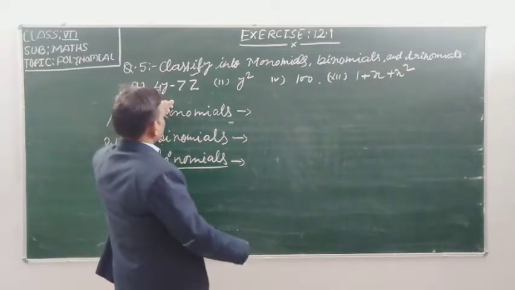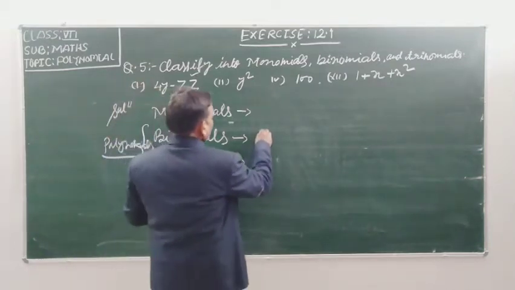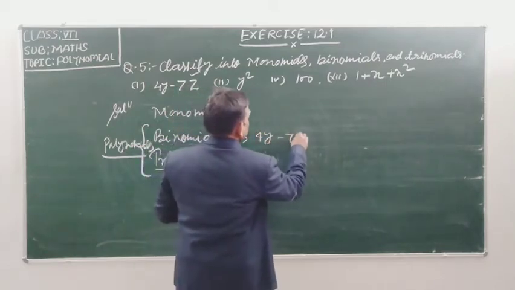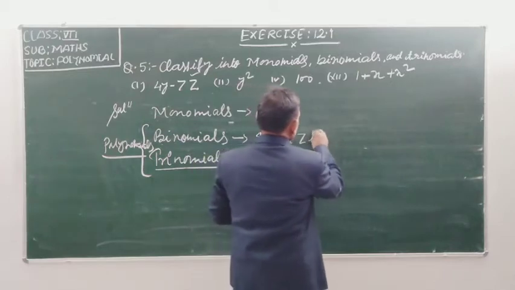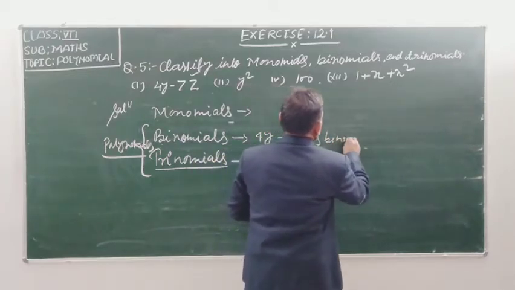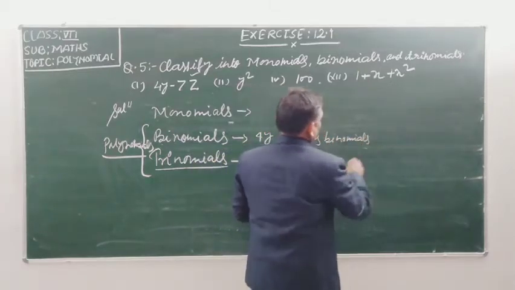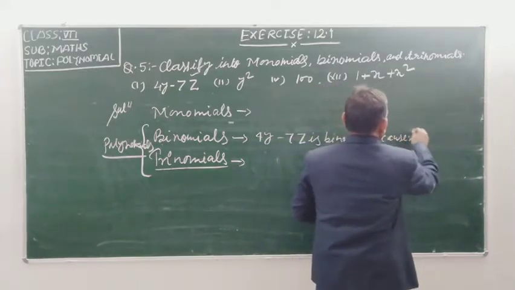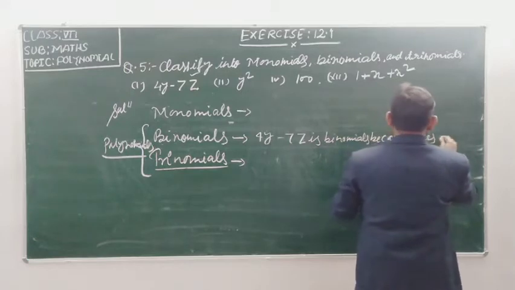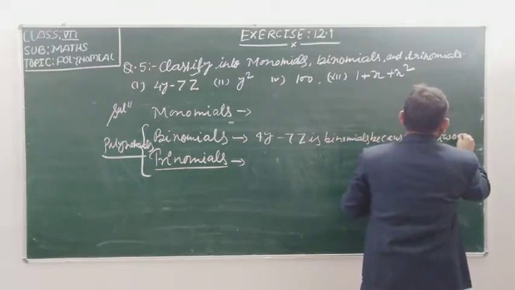You can say this is the binomials. 4y minus 7z is binomials because it has two terms, two unlike terms.